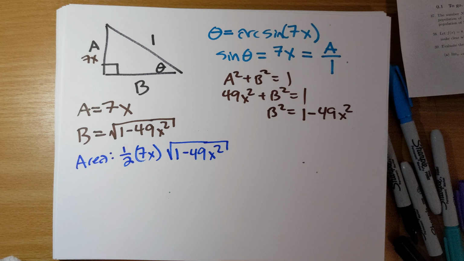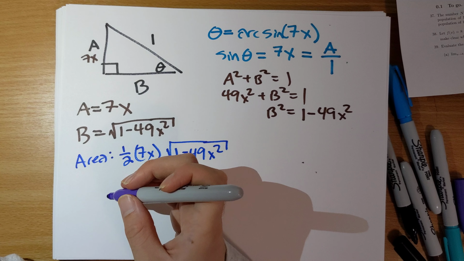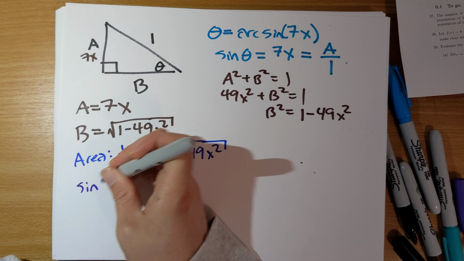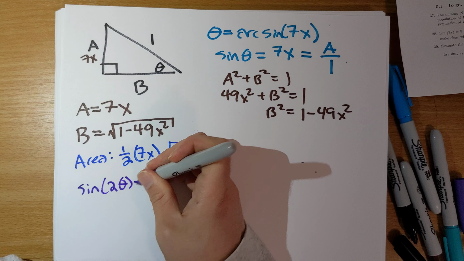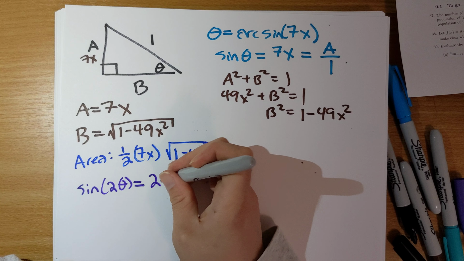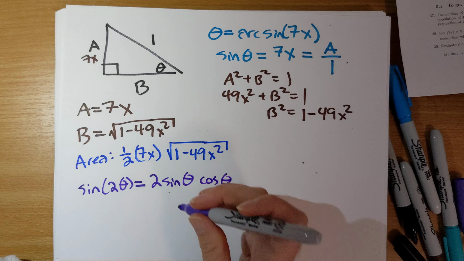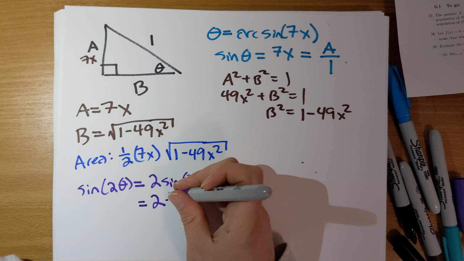And then finally, we are asked for sine of 2 theta. Remember, sine of 2 theta is going to equal 2 sine theta cosine theta. From the picture, sine theta is 7x.